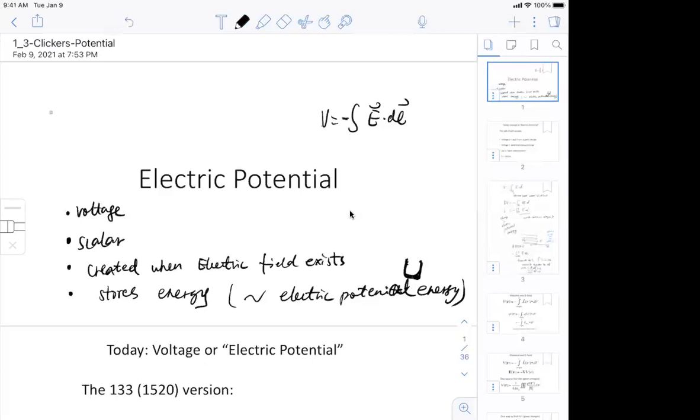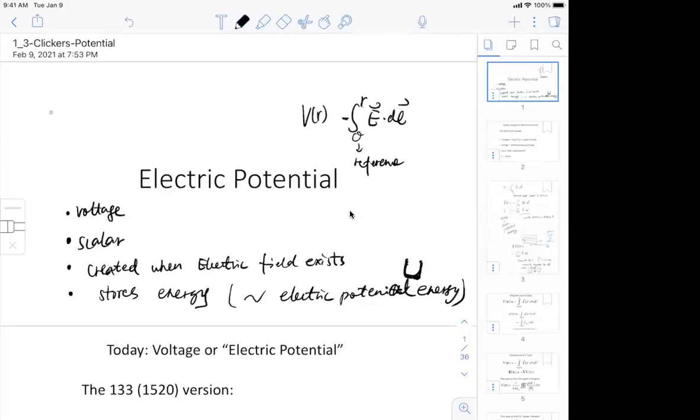And we need a reference point because this is an integration. You need the limits, right? The limits are from a reference point, we use a curly O to represent a reference point, to a random point R in space, and that gives you V of this point in space.